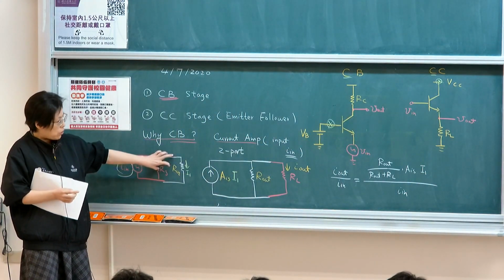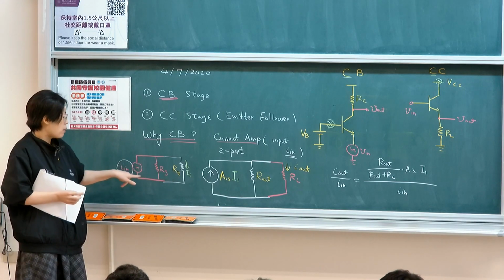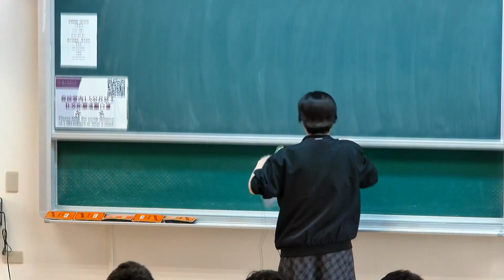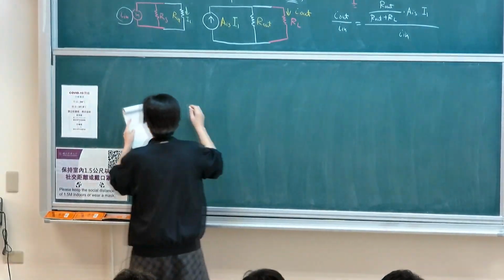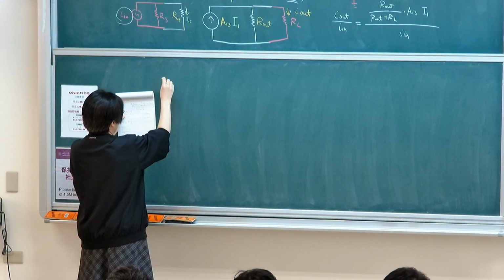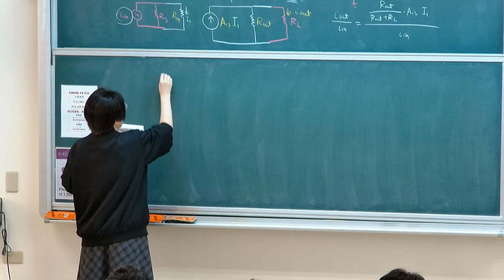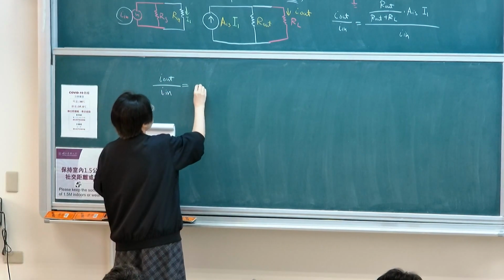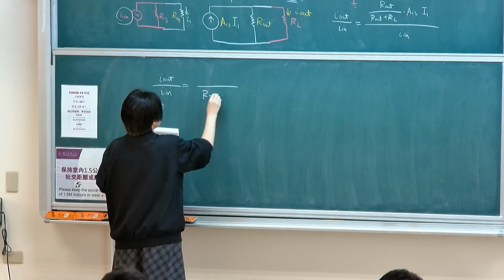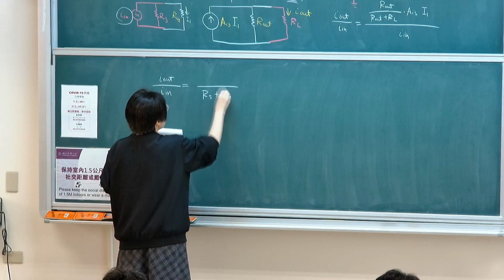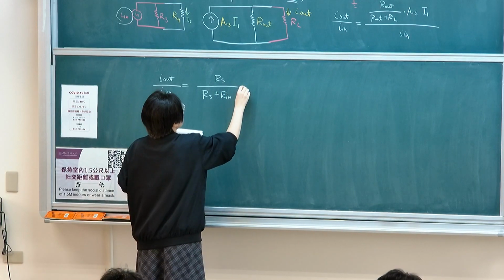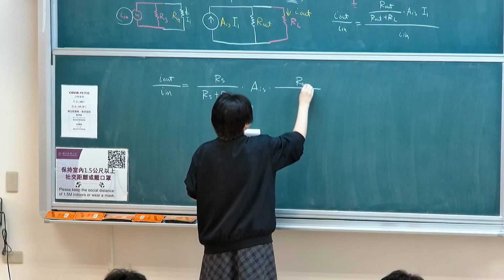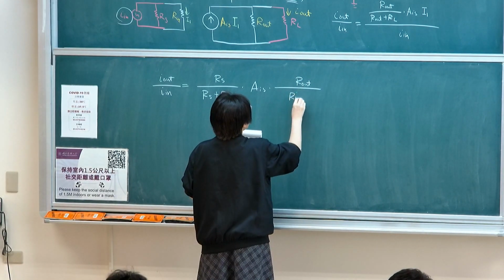And we use this branch to establish the relationship between I1 and I in, so that I out versus I in will become, let me just write down the result: I_S times A_IS times I out over I load.